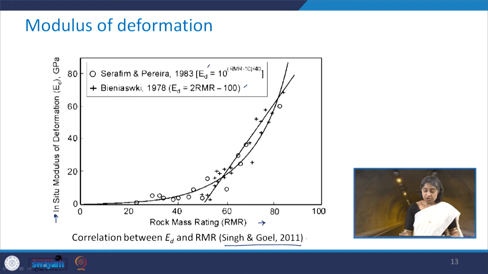Here the circular points represent the outcome of the curve ED equal to 10 to the power (RMR minus 10) by 40, and the plus signs represent the modulus of deformation and RMR relationship as per the equation ED equal to 2 RMR minus 100.